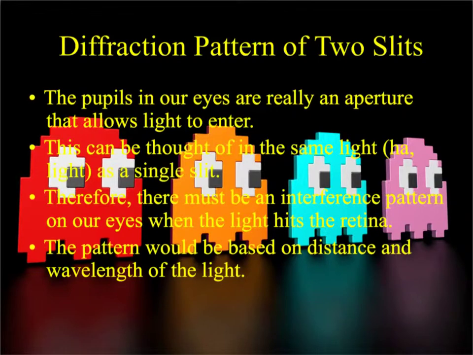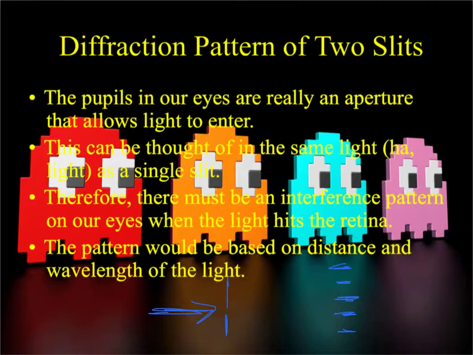You remember that if you have light traveling through a thin slit, that light develops some diffraction pattern, a series of bright and dark lines because of the diffraction as the light spreads beyond that slit.